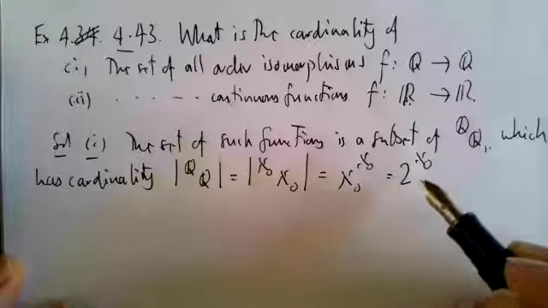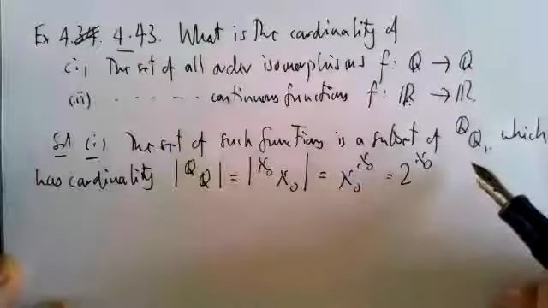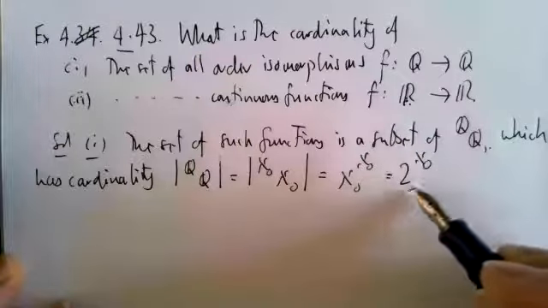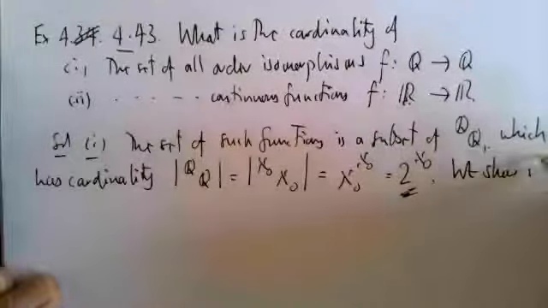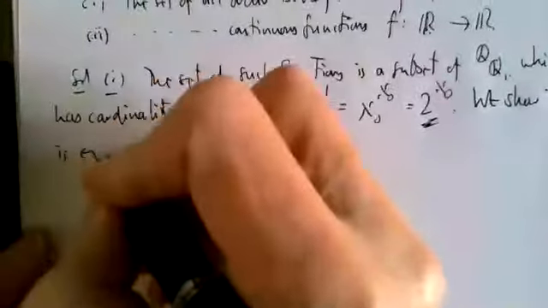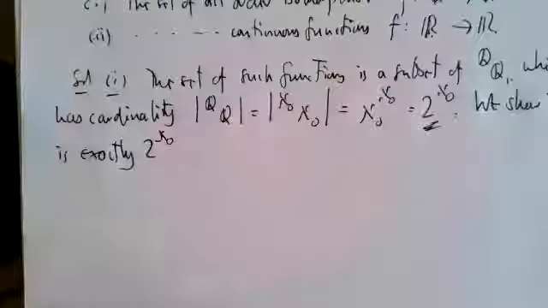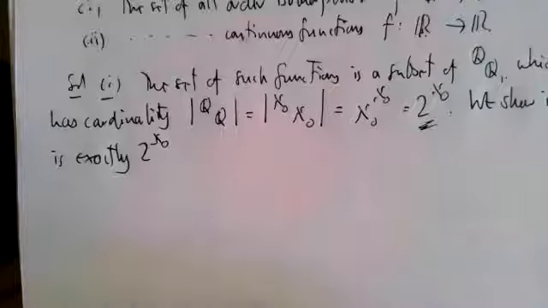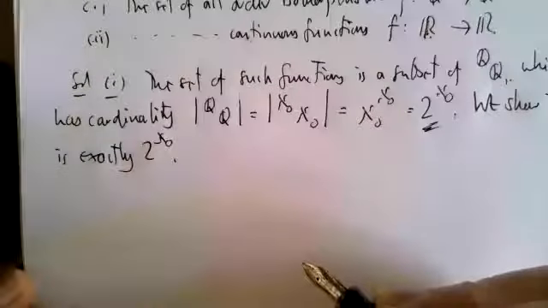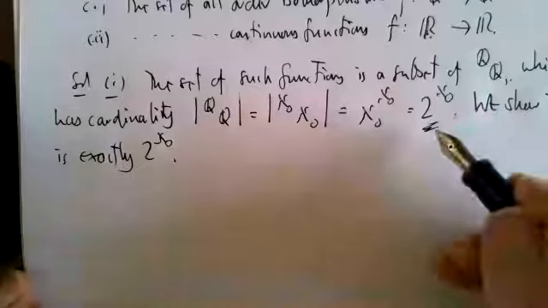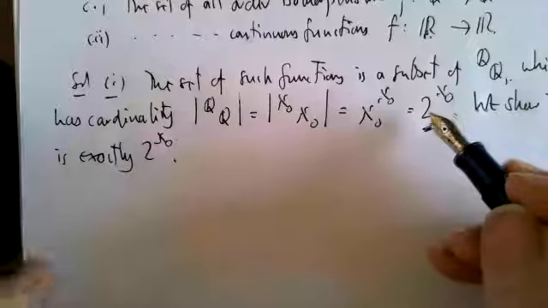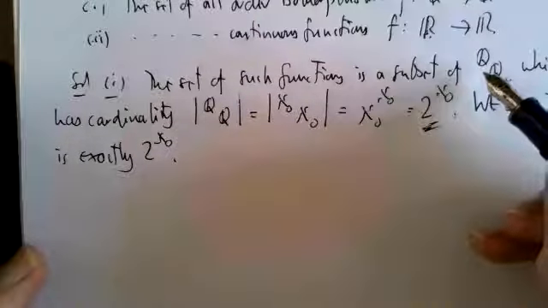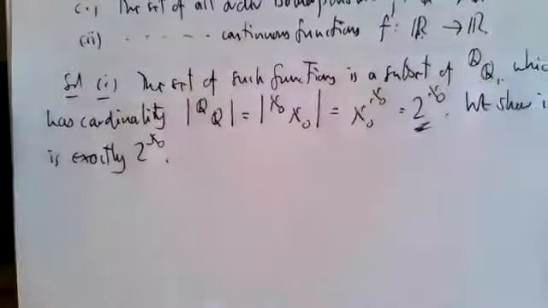So you need to show that there are at least 2 to the aleph 0 such order isomorphisms, and then we'll get exactly this. So we show that it's exactly 2 to the aleph 0. So I need to somehow get an injection, a one-to-one map of a set of size 2 to the aleph 0 into the collection of these order isomorphisms here.